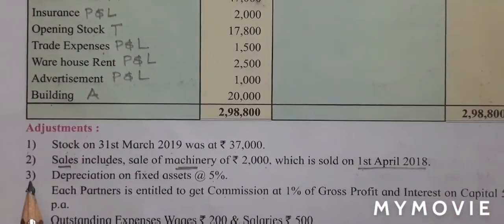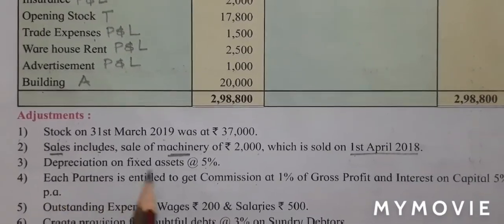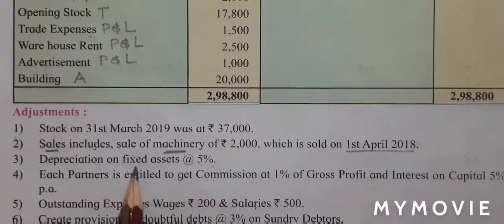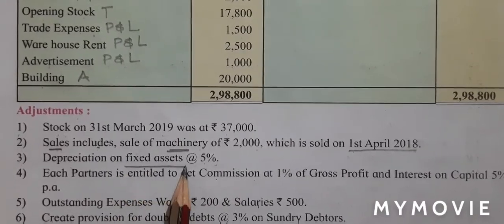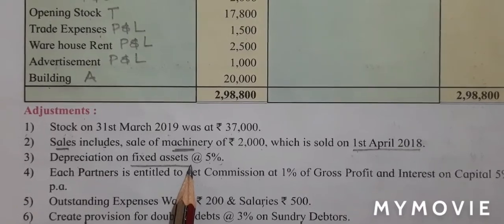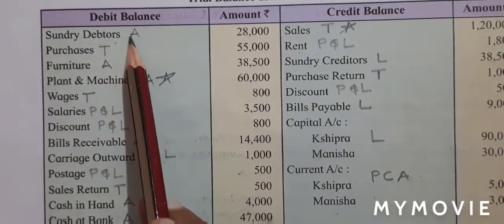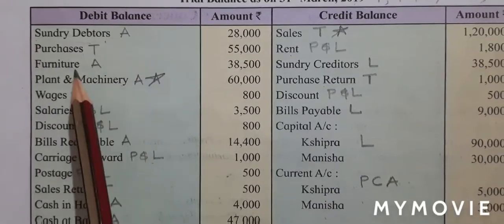I now move on to adjustment number 3. Depreciation on fixed assets at the rate of 5%. They have clearly mentioned fixed assets. So on the debit side, we will have to check our fixed assets. Debtors is not my fixed asset, it is my current asset.